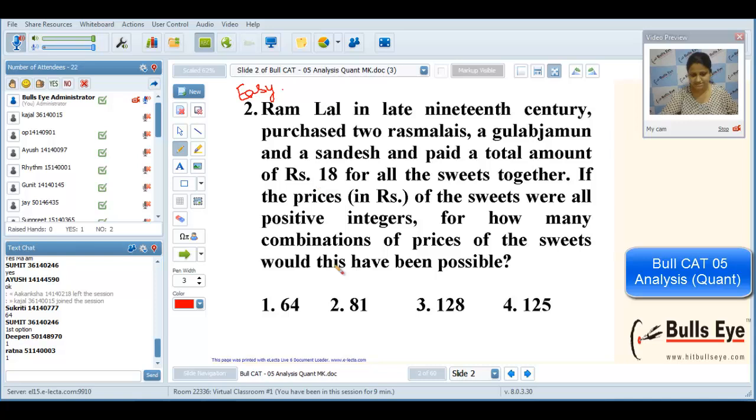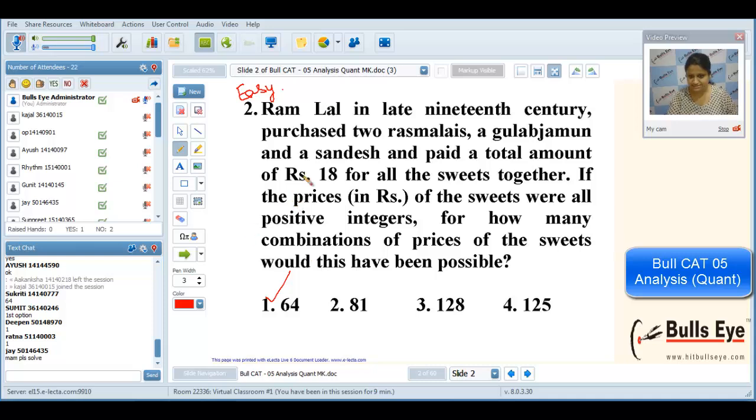According to me, this is an easy question. First option, this is the answer in this case. Yeah, any problem in this question? I'll go to next question.